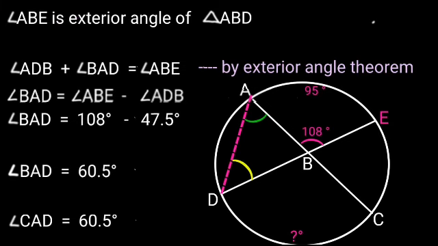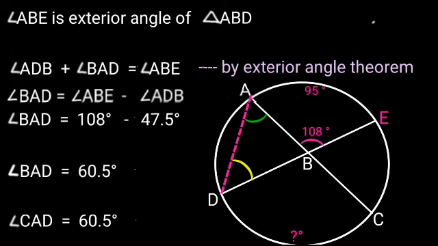Angle ABE is the exterior angle of triangle ABD. By the exterior angle theorem, angle ADB plus angle BAD is equal to angle ABE.